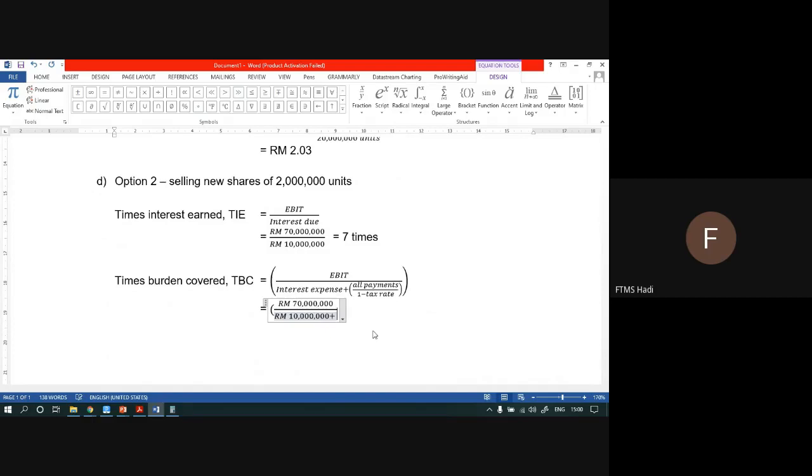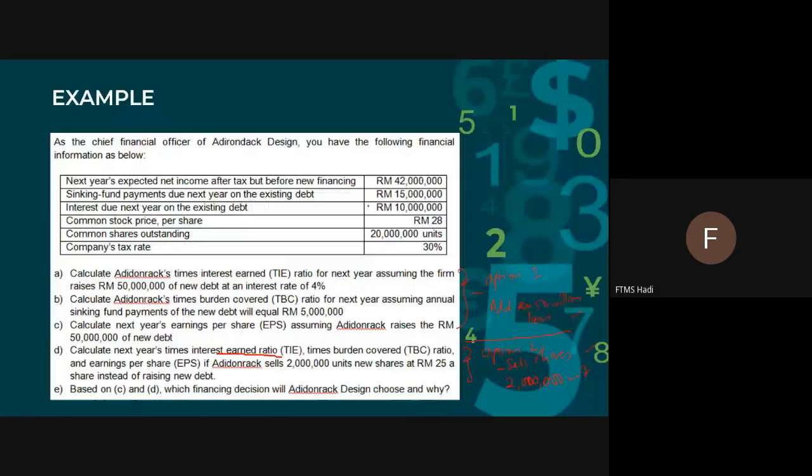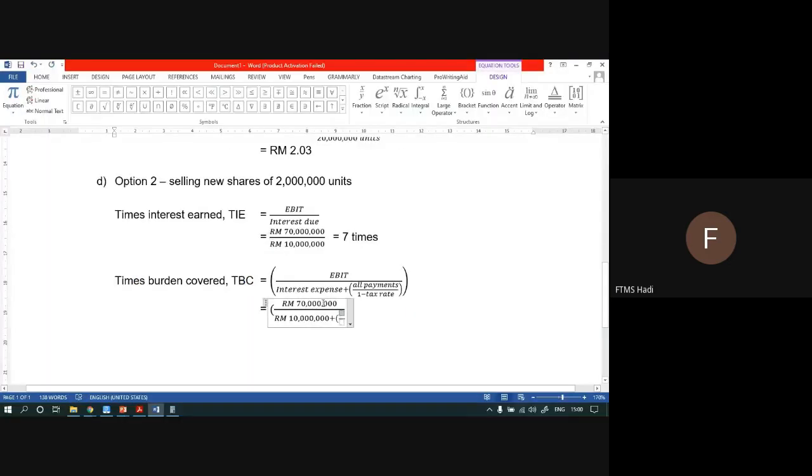All right, for all payments, you need to look at the original payments only, this one: 15 million sinking fund payment.